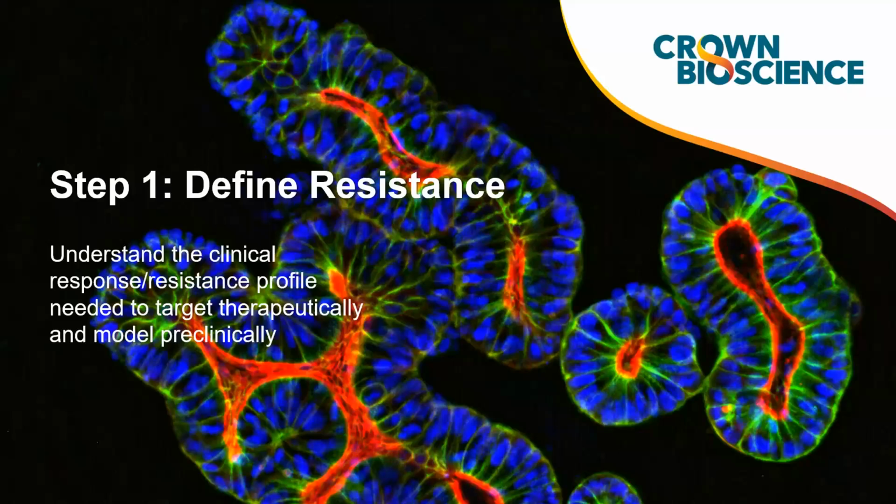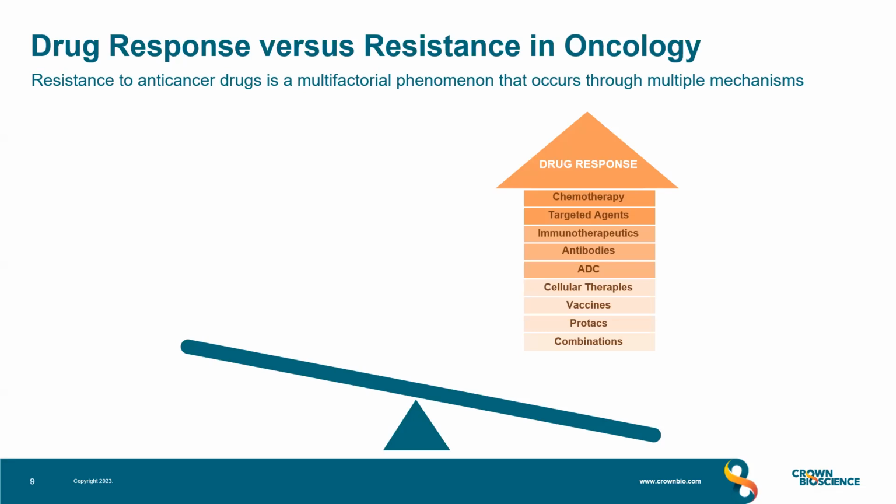So let's start with step 1. Some of this was nicely introduced in that Nature paper I showed, and also how multifactorial it is via different mechanisms. And we touched on the various standard care agents or new agents and the first or second line treatments and therapeutics that are available for different cancer targets at different stages of the disease.